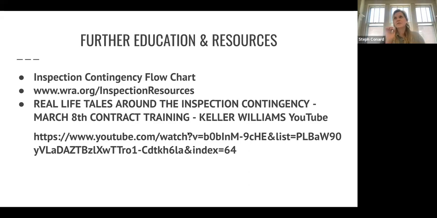If you just search for inspection, it'll come up with all sorts of resources for you. So if you just do inspection resources, that will bring you right to articles, legal hot tips, etc. The inspection contingency flow chart, you will also find this on the WRA.